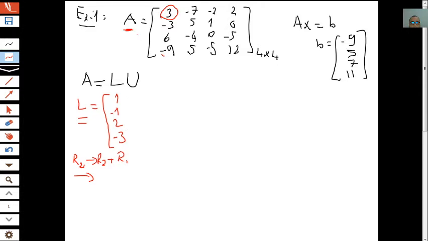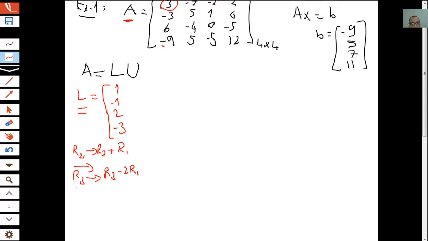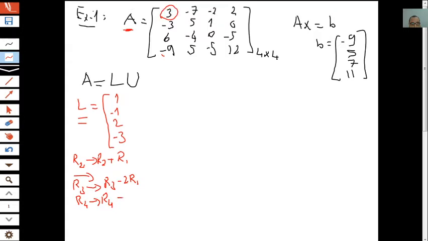We don't use the second operation, row operation. You should be careful. R3 is replaced by R3 minus 2R1, and the last row is replaced by R4 plus 3R1.